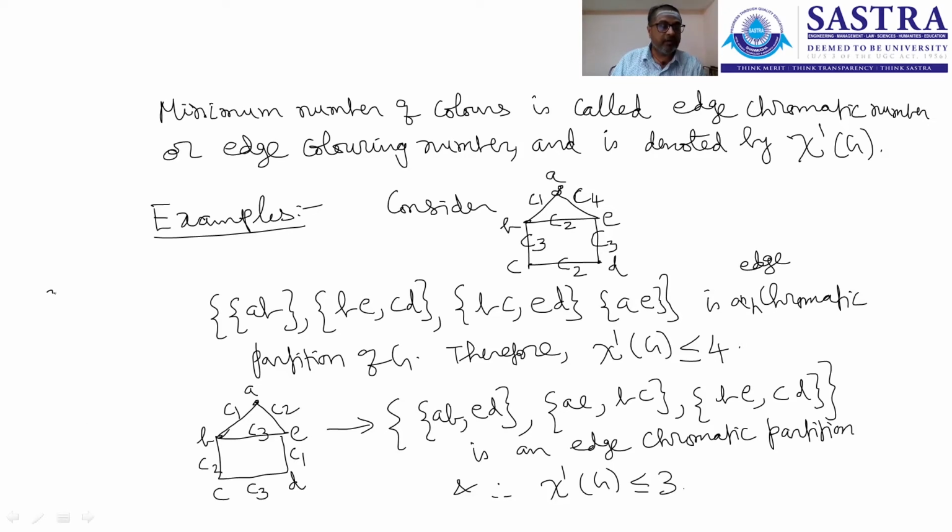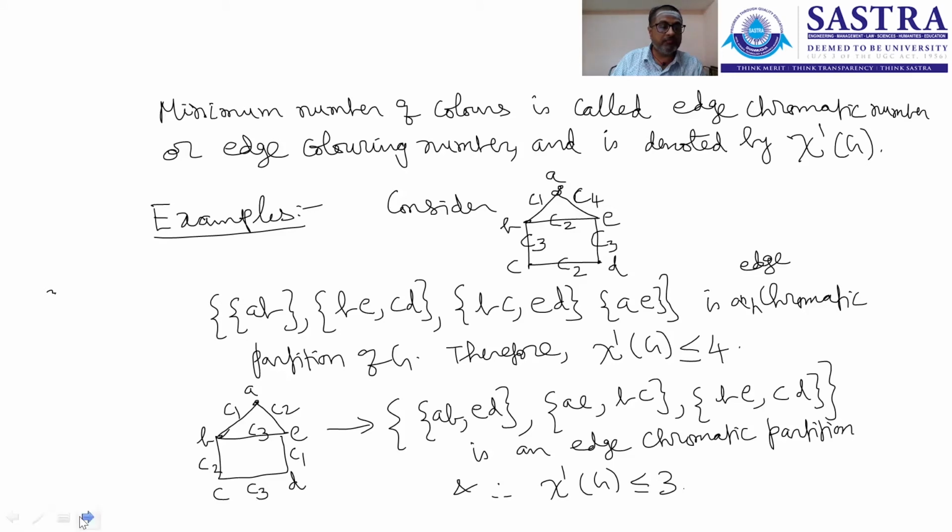Now when I look at this, I took A, B, C, D, E. And now I add C1, C2, C3. This one was C2, this one was C3, this one was C1, and chi dash of G is less than or equal to 3.